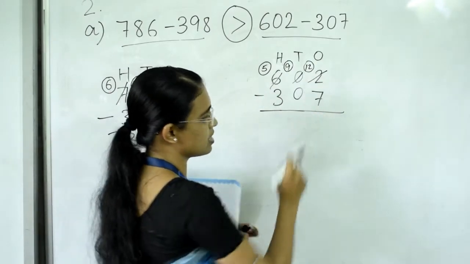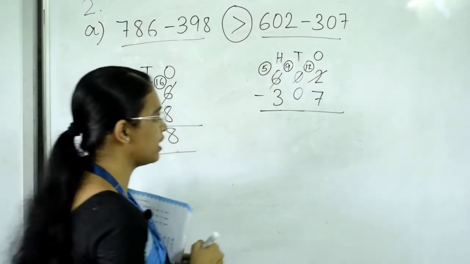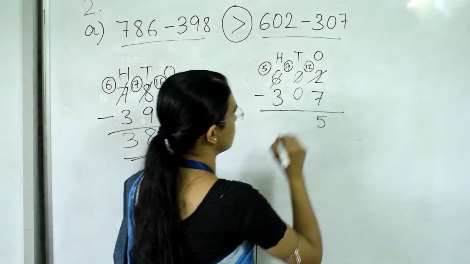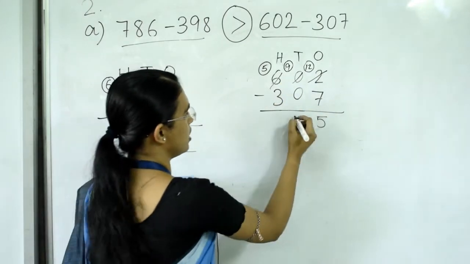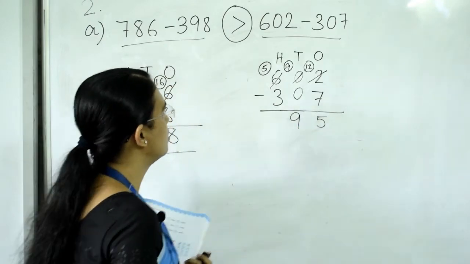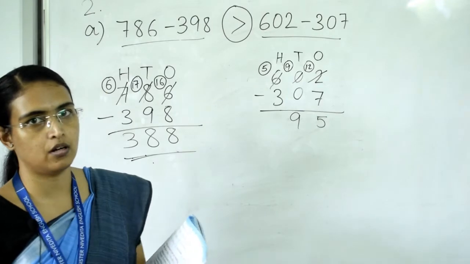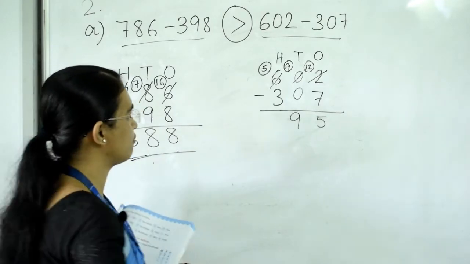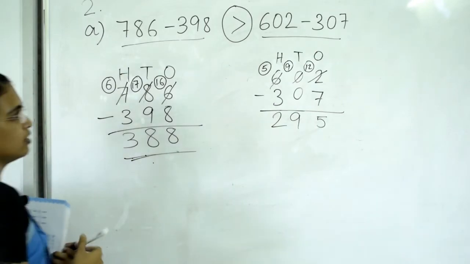So 12 minus 7, after 7, 8, 9, 10, 11, 12, is 5. Now 9 minus 0 is 9. Now 5 minus 3 is 2. Okay, so the answer is 295.